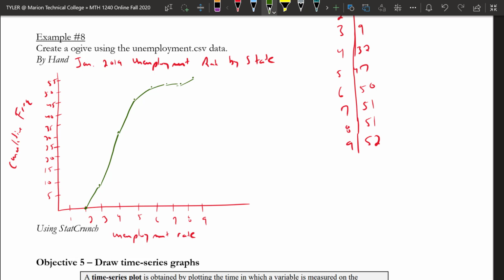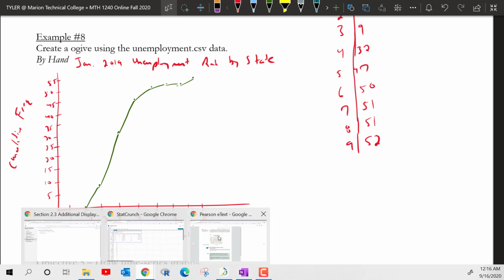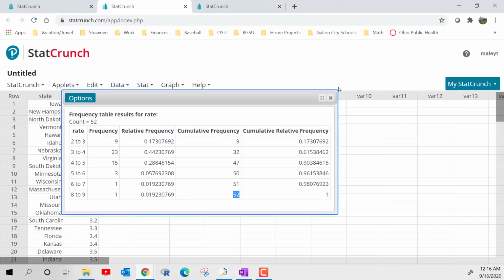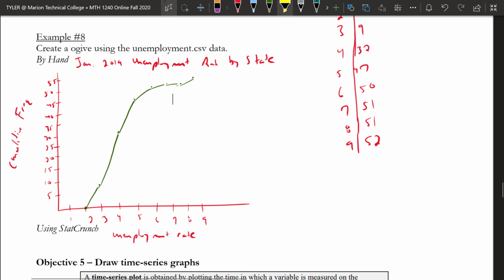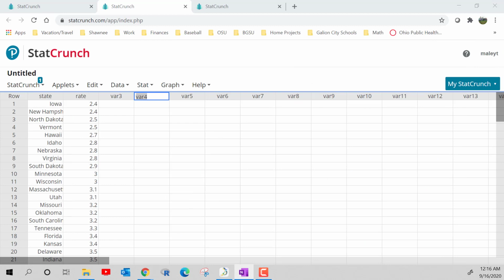Then if you want to create one of these in StatCrunch, what you're going to have to do is create these ordered pair points for the graph.